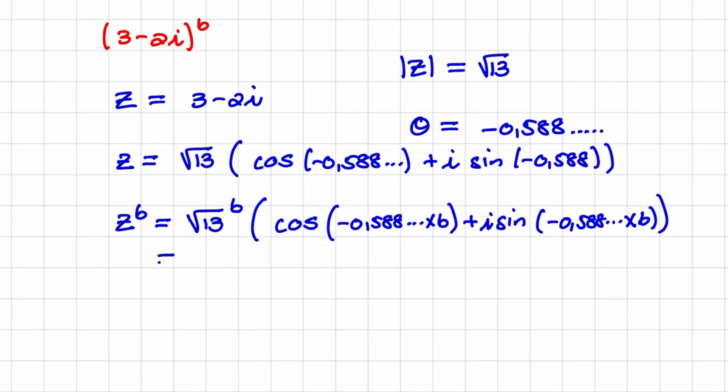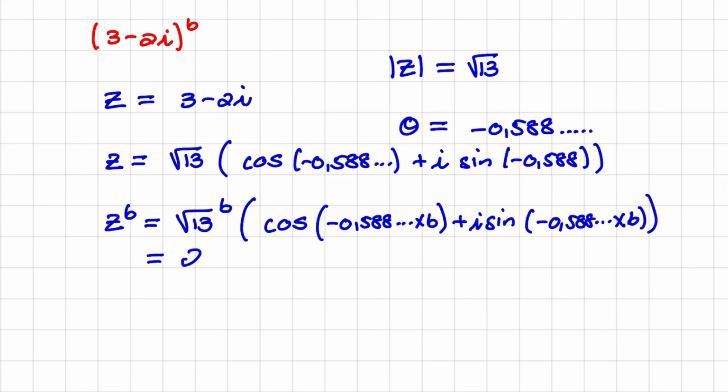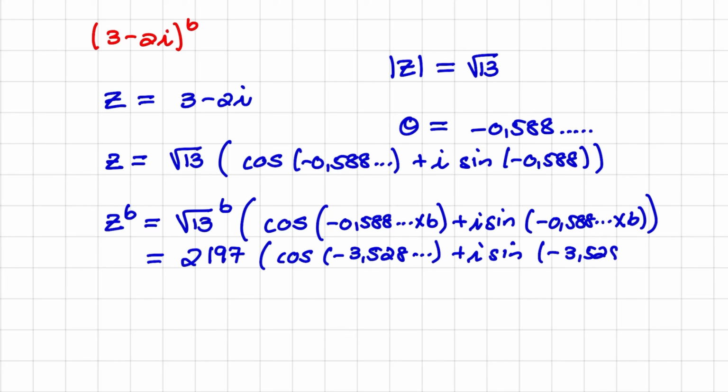And when we simplify that, we have 2,197 times (cos of negative 3.528 plus i sine of negative 3.528). But that's not our final answer.